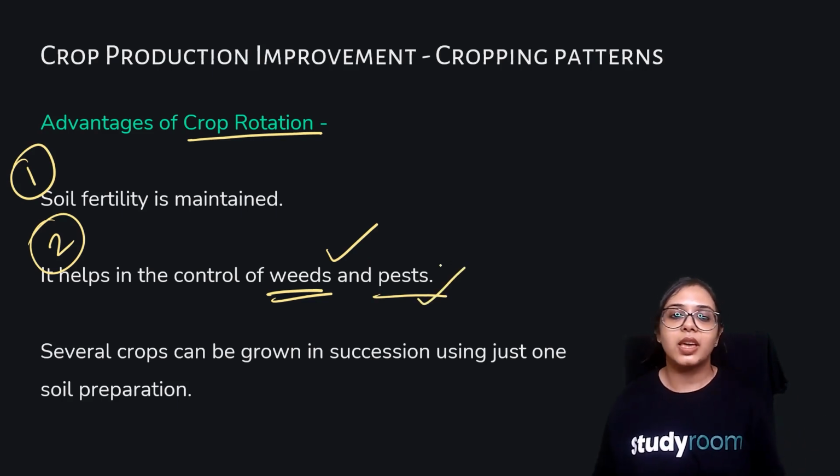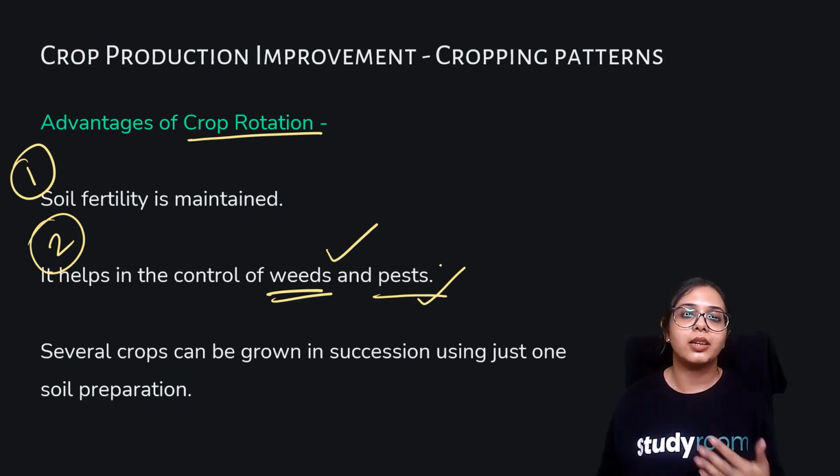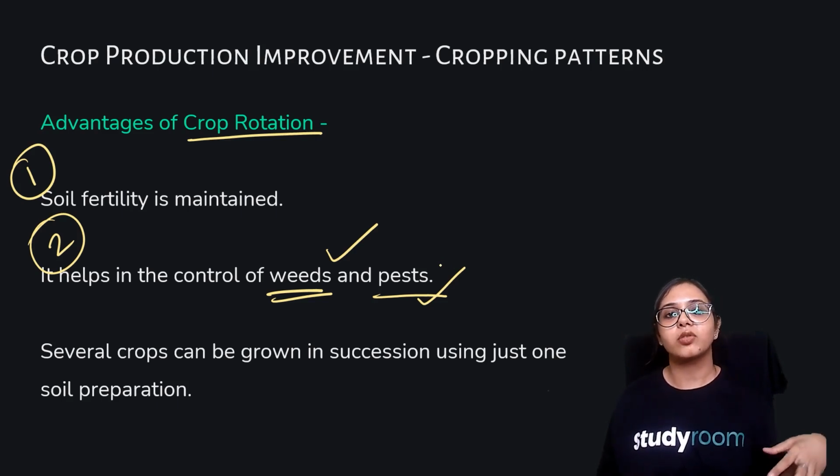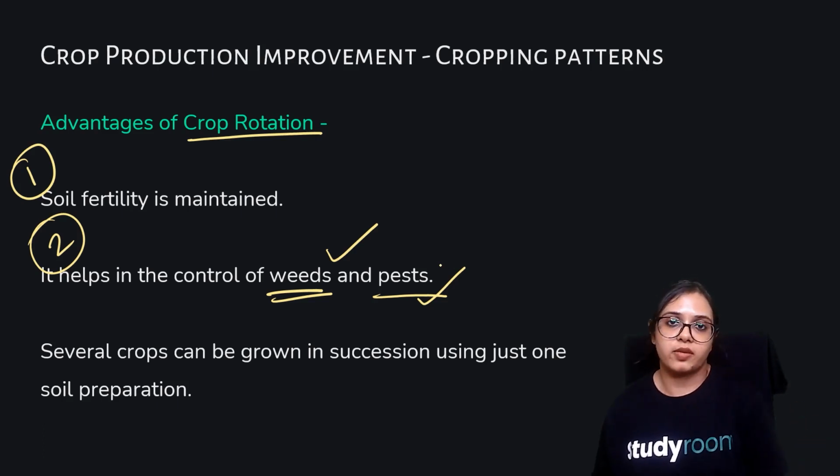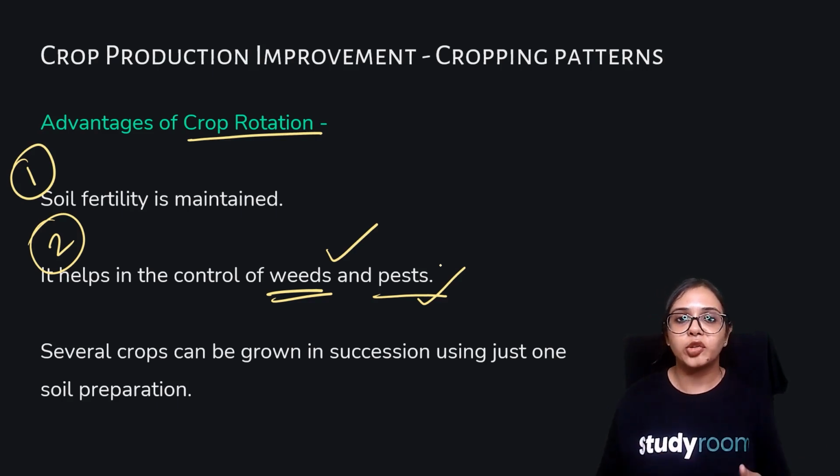All right, because again, if you grow one type of plant again and again, then the pests may start attacking more aggressively, or their infestation would become more obvious. All right, but if you keep a rotation, then that would ensure that if you're using some herbicides or some bio agents, then those pests could be eliminated well.